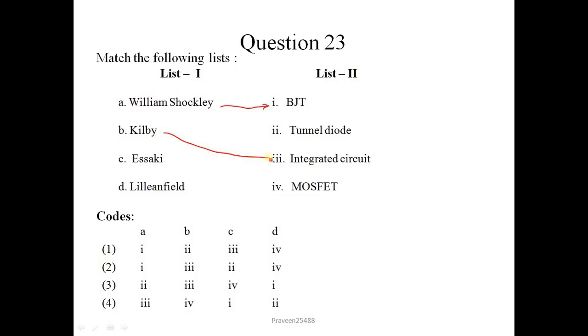So it matches integrated circuits. Esaki is related to the tunnel diode, which is also known as the Esaki diode, and Lilienfeld is related to MOSFET. So the correct option is 1, 3, 2, 4. So the correct option is 2.